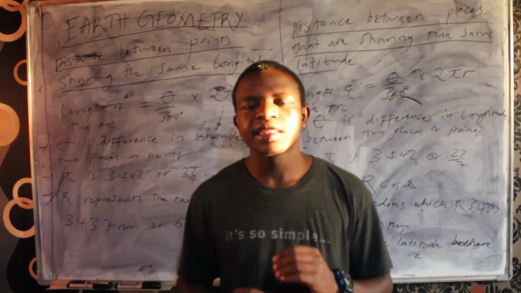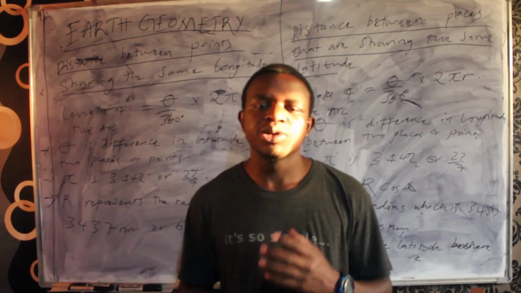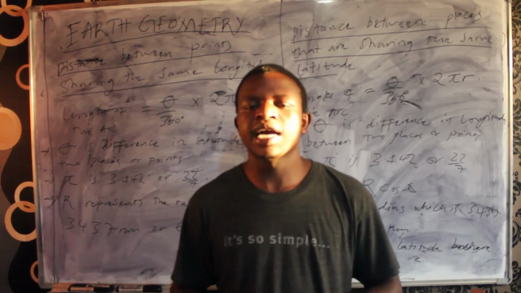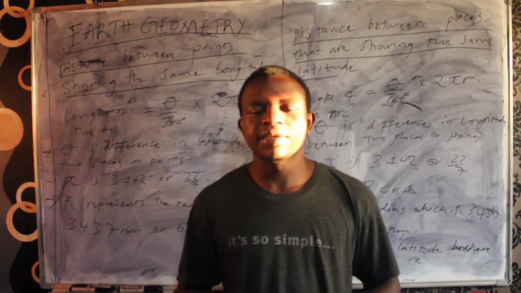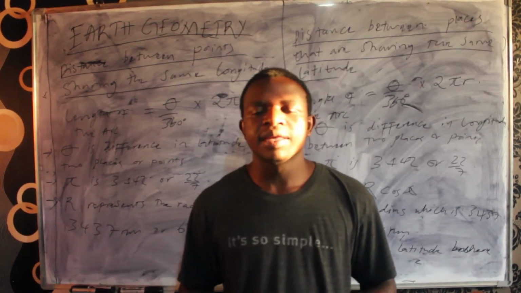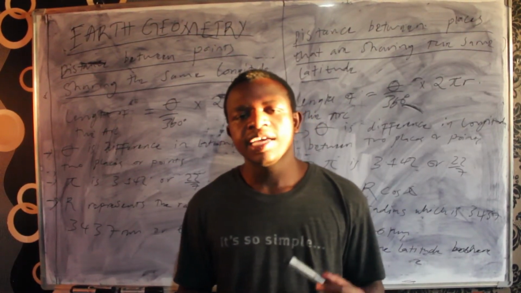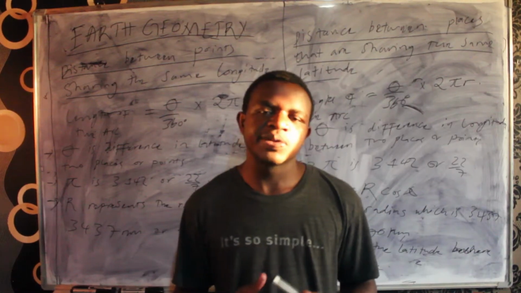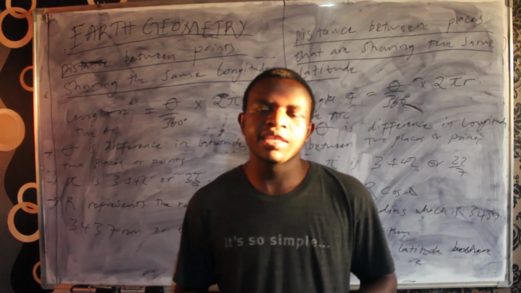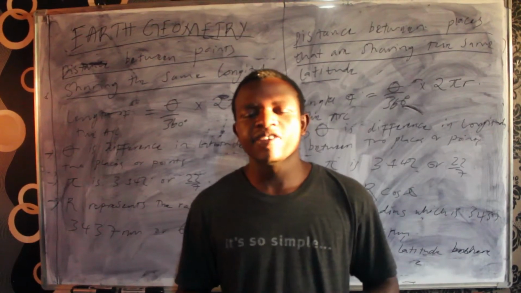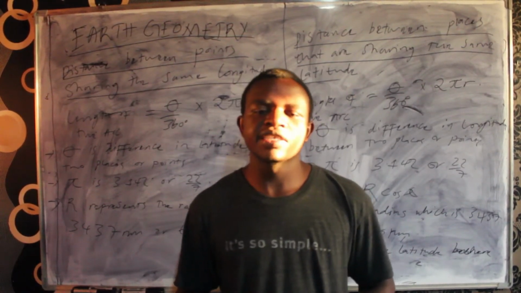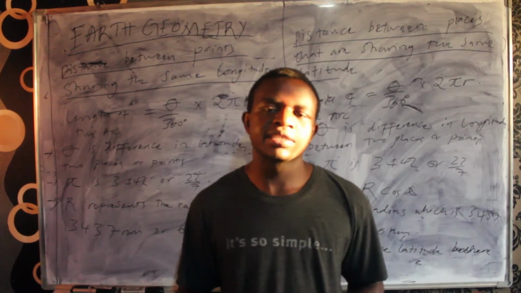The pi is given in the question as 3.142 in paper 2 or 22/7 in paper 1. The capital letter R represents the radius, which is given in the question as 34.37 in nautical miles or 63.70 in kilometers.